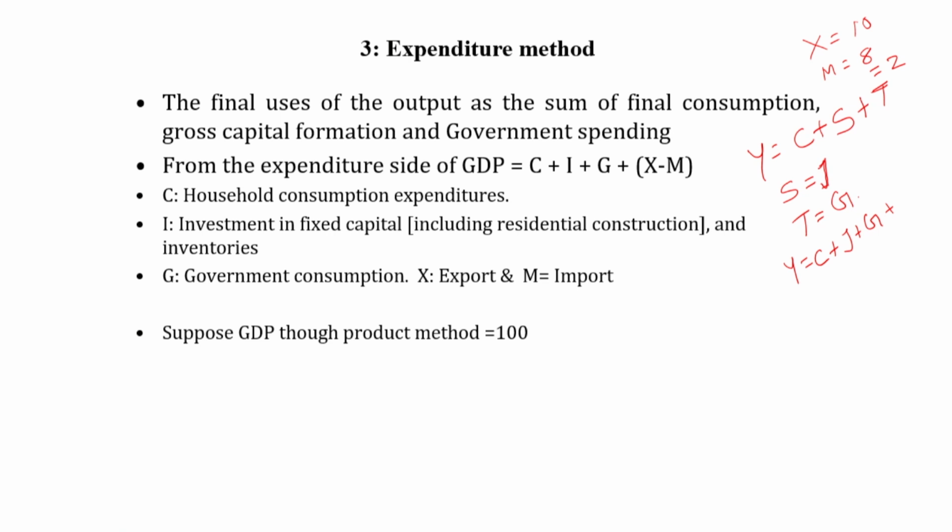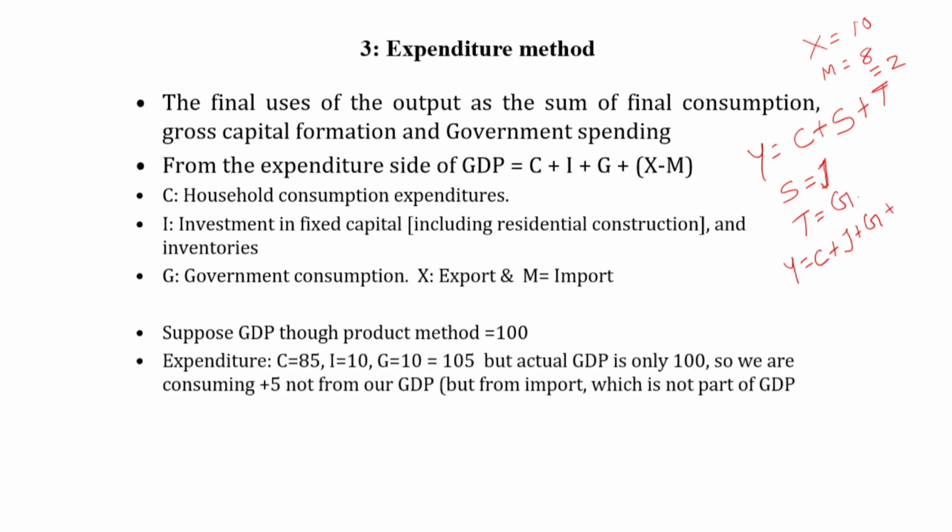Suppose we got GDP through the product method as 100. Then take this example: the total household expenditure in the country is, for example, 85, the investment is 10, and government expenditure is 10.